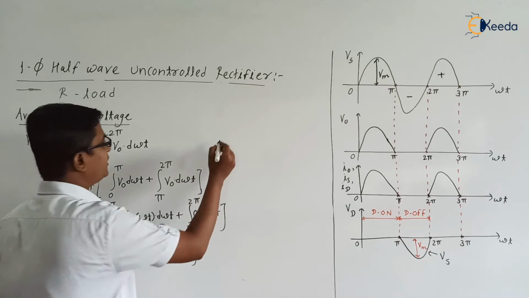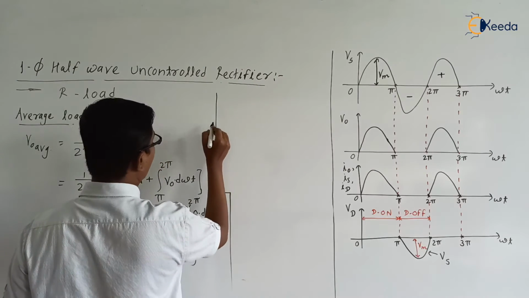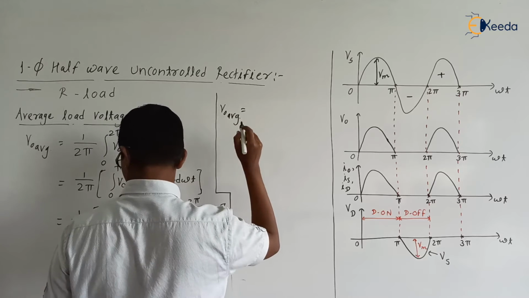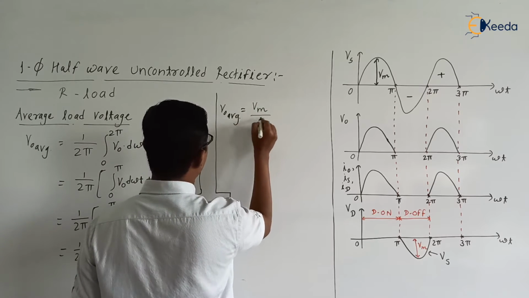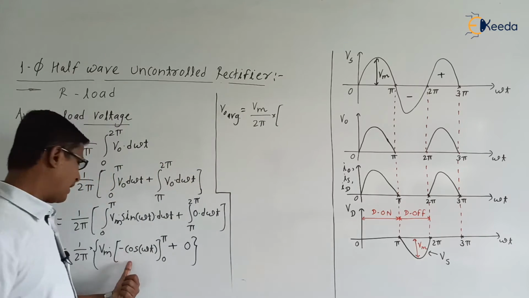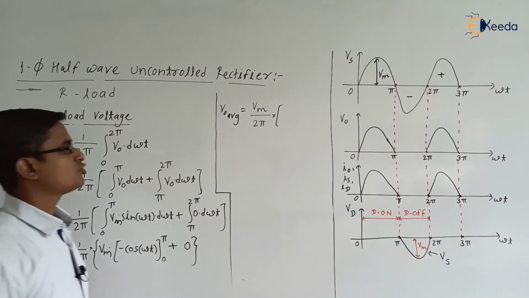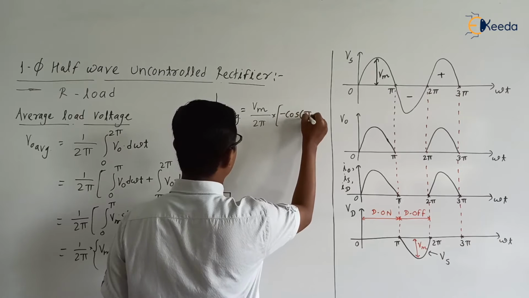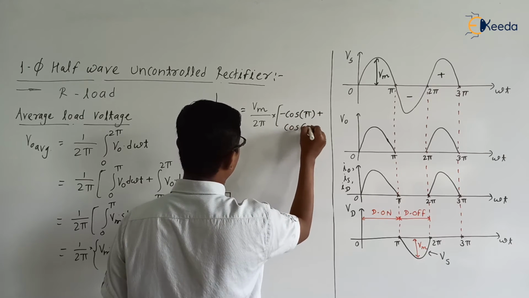Yes, we can put the limits, and after putting the limits we can write V0 average is equal to 1 by 2 pi, or Vm by 2 pi, into minus cos of pi plus cos of 0.